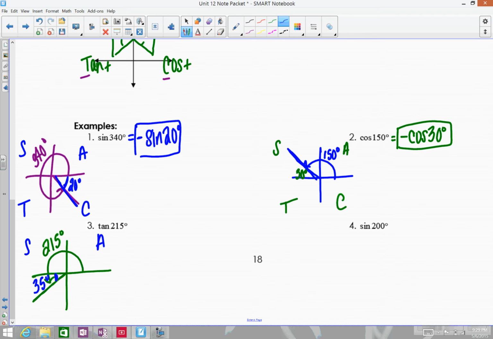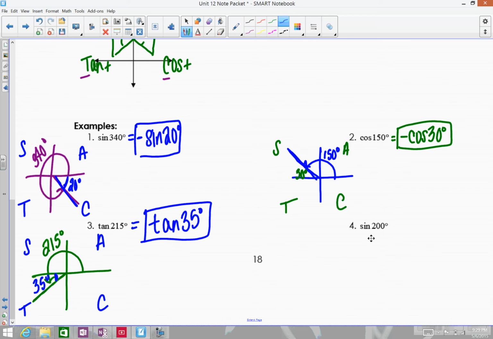All students take calculus. So tan of 215 is going to be equal to tan of 35, and it is going to stay positive because tan is the positive trig function in the third quadrant. So it's just going to be tan of 35. And if you don't believe these, you can put them in your calculator and you'll get the same decimals. The whole reason why we're doing this, though, is so that we can get these exact trig values.